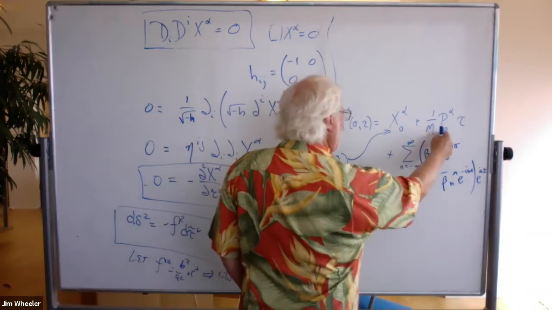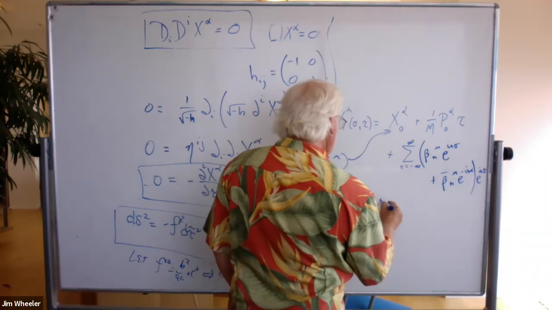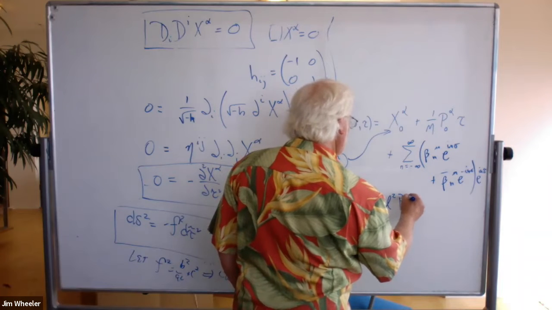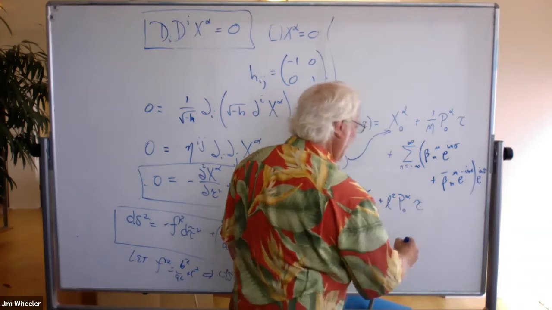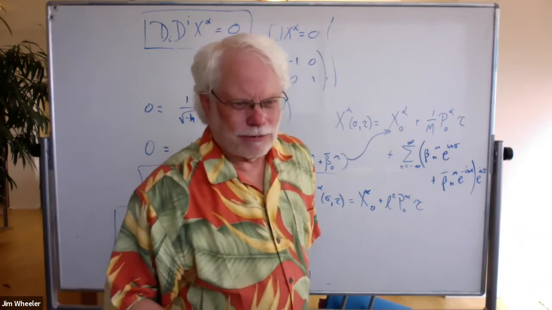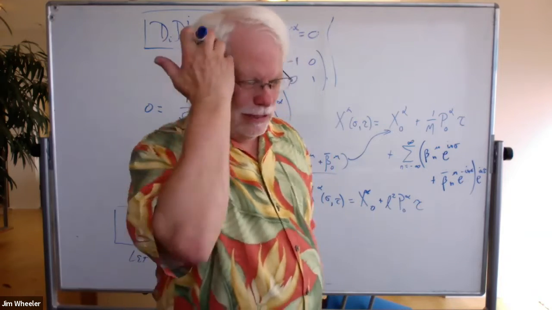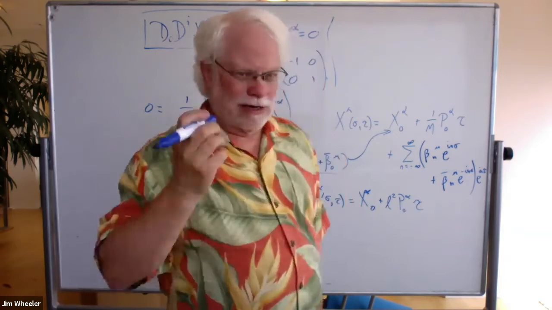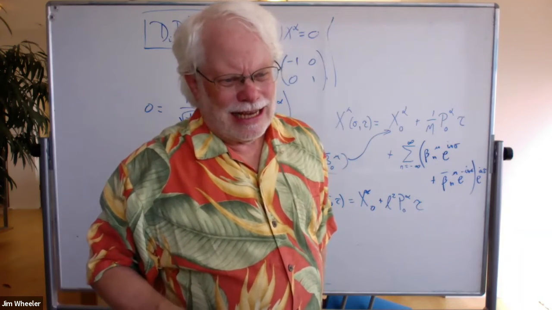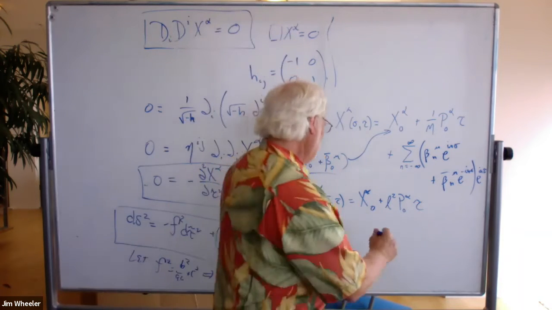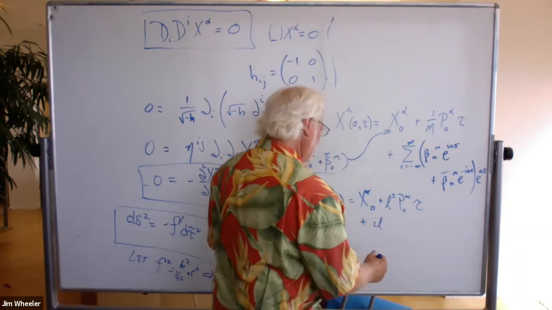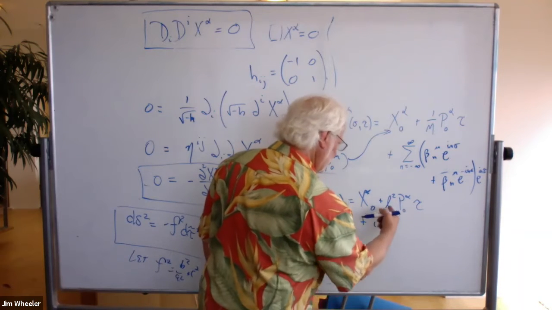Then I want to change the name of 1 over m to L squared for reasons I'm afraid I don't remember, but L is just some convenient constant, perhaps the square root of 1 over m. And then for the series, I want to pull out a couple things. I want to pull out an iL, just a different constant.